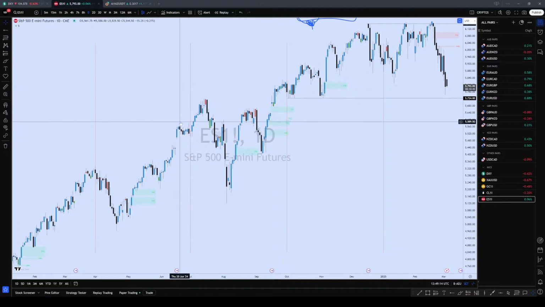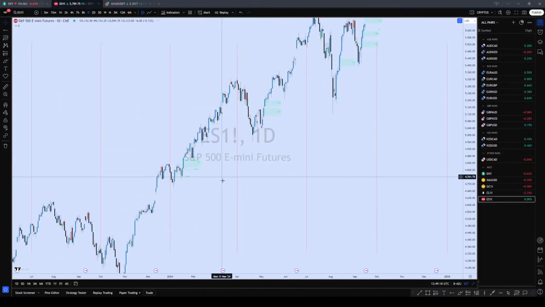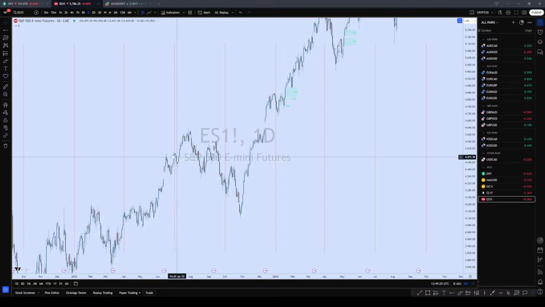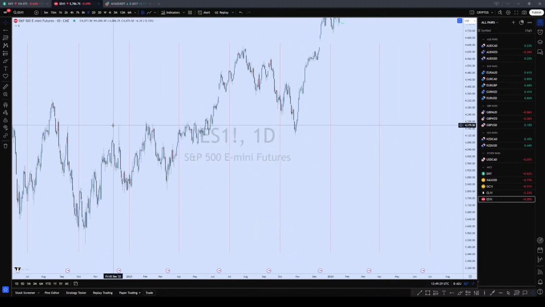Here, that's a 3 months high. That's where price reversed from. Here, that's a 3 months low. That's where price reversed from. Here, that's a 3 months high, and here, that's a 3 months low.